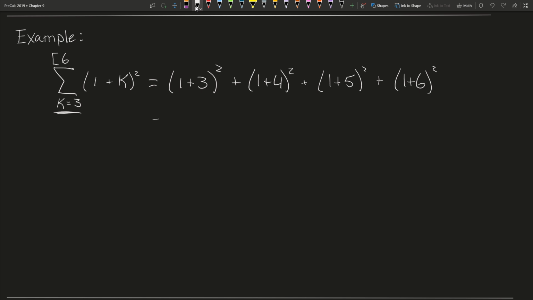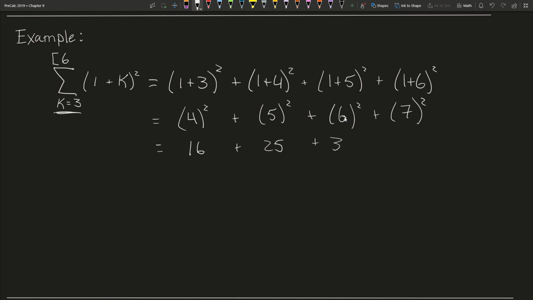Then we can start to simplify that. When we simplify all that down, we get 126. Are there questions about this example?